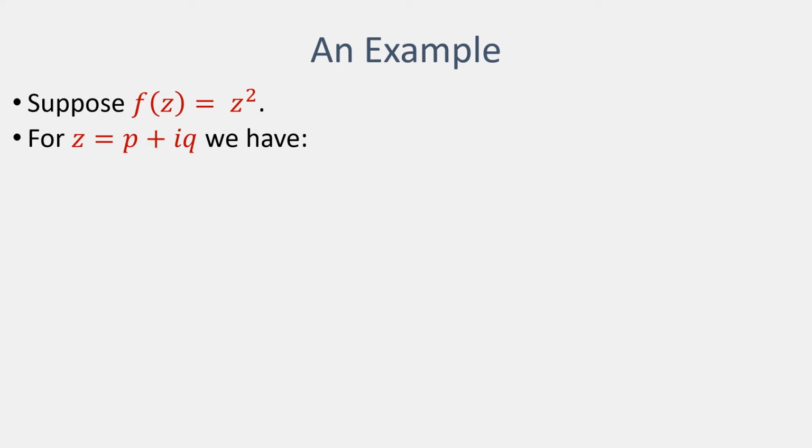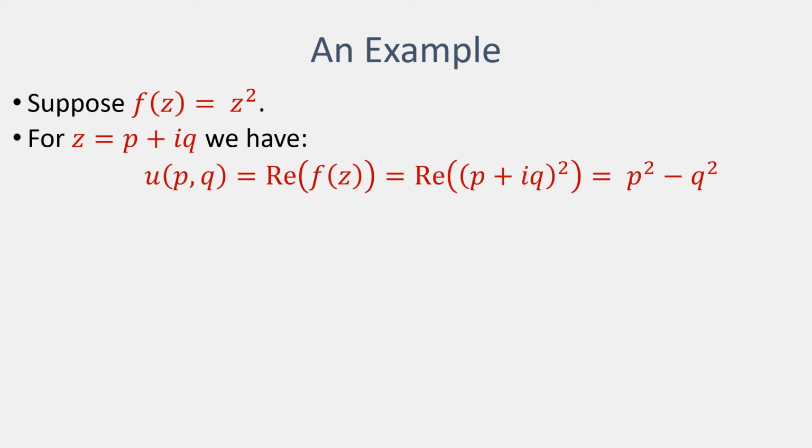Then if we take our arbitrary complex number form, the function defining the real part of the output is given by the real part of this expression, which we've seen earlier is p squared minus q squared. The real part squared minus the imaginary part squared.